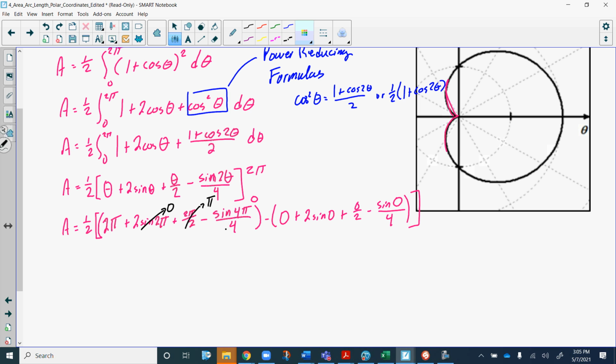So this whole thing is going to go to 0. Of course, sine of 0 is 0, 0 over 2 is 0, and sine of 0 is 0, so 0 divided by 4 is 0. We do have quite a lot of things that drop off here.